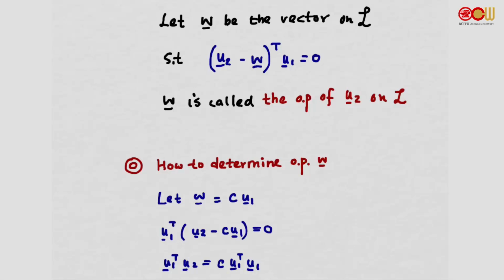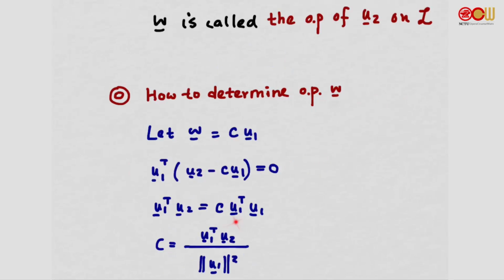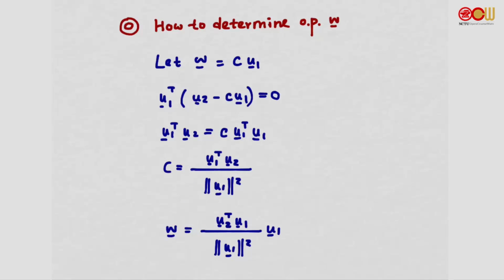We can get C by moving this term to the left hand side here, and we get the coefficient C. Now we can determine the orthogonal projection exactly. The W vector is U1 scaled by a scalar, and this scalar is the dot product of U1 and U2 divided by the norm square of U1.